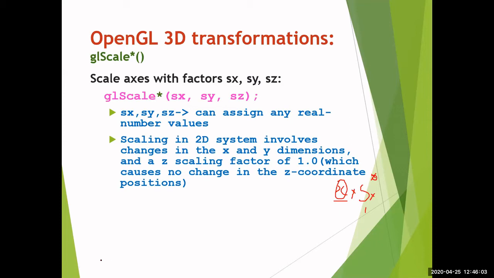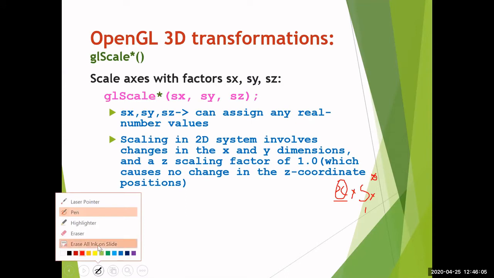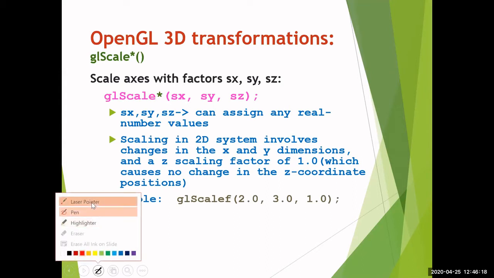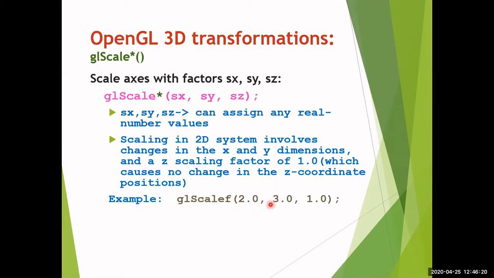And there is one more point you need to know: whichever the axis, especially in 2D, the z-axis will be 1. So this is my example for 2D scaling. I am using scaling with respect to the x-axis 2 units, and with respect to the y-axis 3 units. You can use minus also here. And z will be 1.